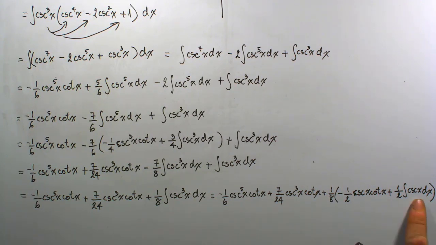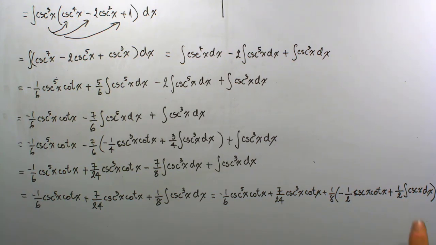And now, I could have mentioned earlier, but we can make note right now, we can no longer use the reduction formula for this cosecant of x, because the reduction formula we have seen was only valid for the power being 2 or higher. So now at this point right here, we have a known integral. But before getting into any of that, I will distribute this 1/8 for each of the terms here.